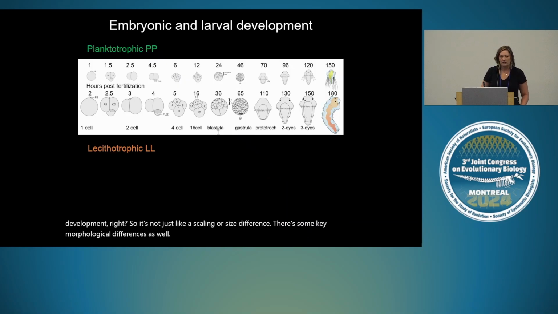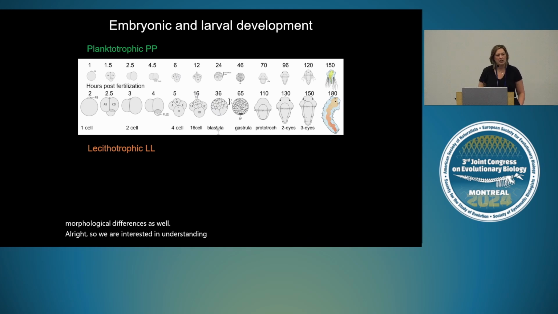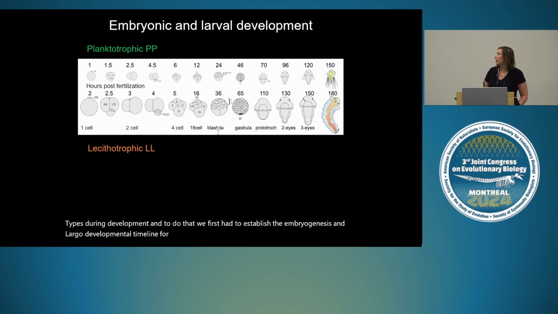All right, so we are interested in understanding how gene expression changes between these two types during development. To do that, we first had to establish the embryogenesis and larval developmental timeline for Streblospio. I'm showing that here. Streblospio is a spiral cleaver, so like most annelids, it goes through these very stereotypical stages.